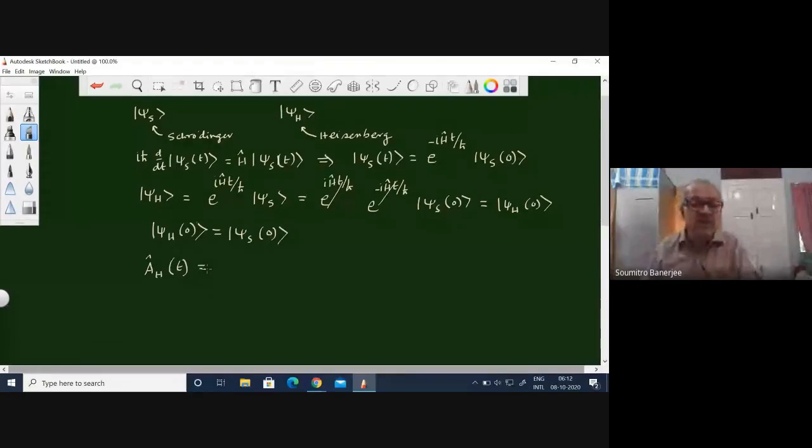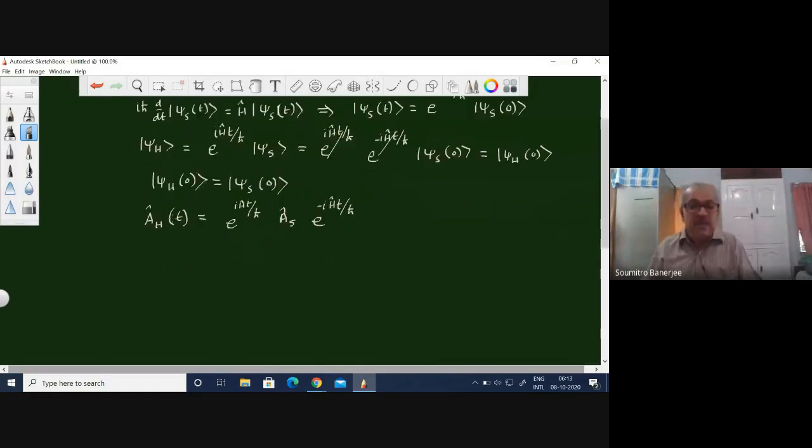So all we have to do is put e to the power i H operator t by h cross first, then the operator A in the Schrodinger domain, which is not a function of time, times e to the power minus i H t by h cross. If you define any operator in the Heisenberg domain this way, then it becomes a function of time.